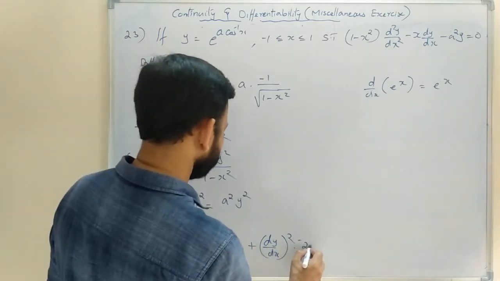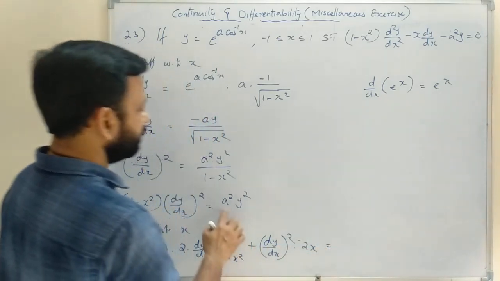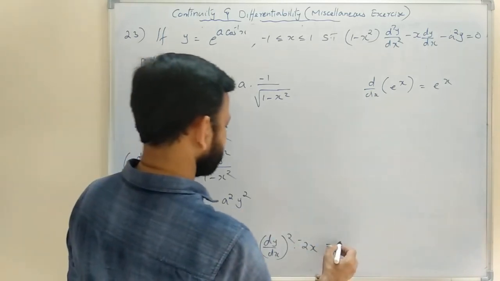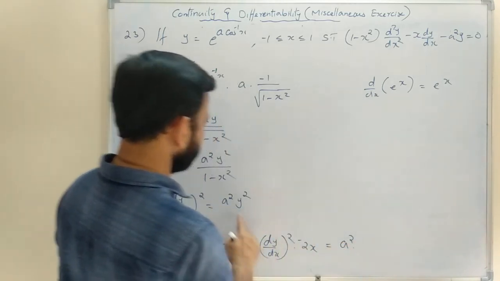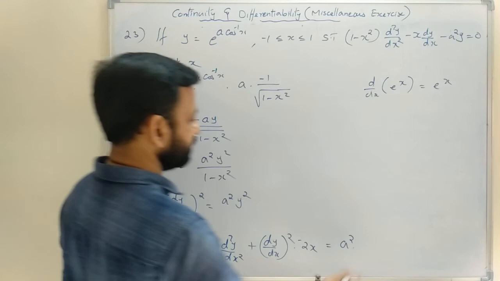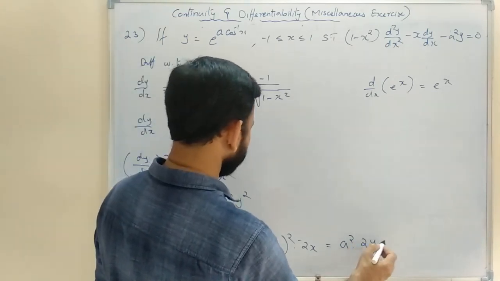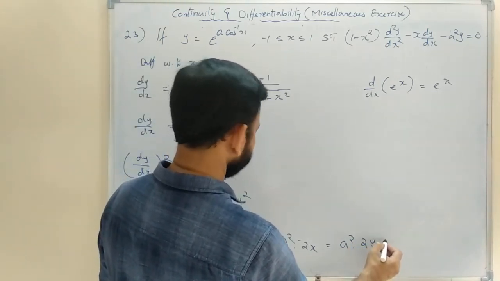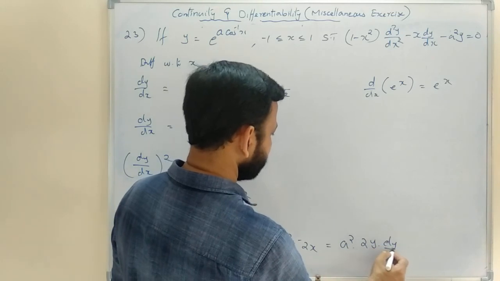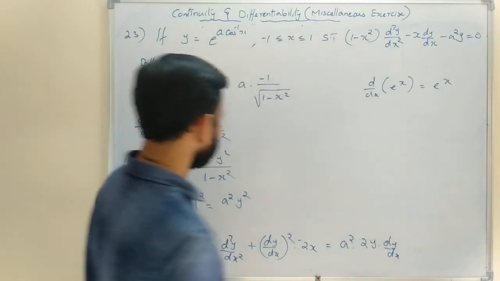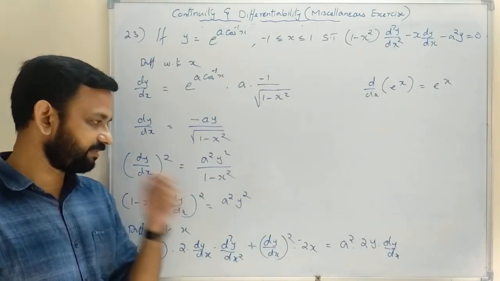Equal to the derivative of this one, that is a square into the derivative of y square, that is 2y into dy by dx. A square into 2y into dy by dx.